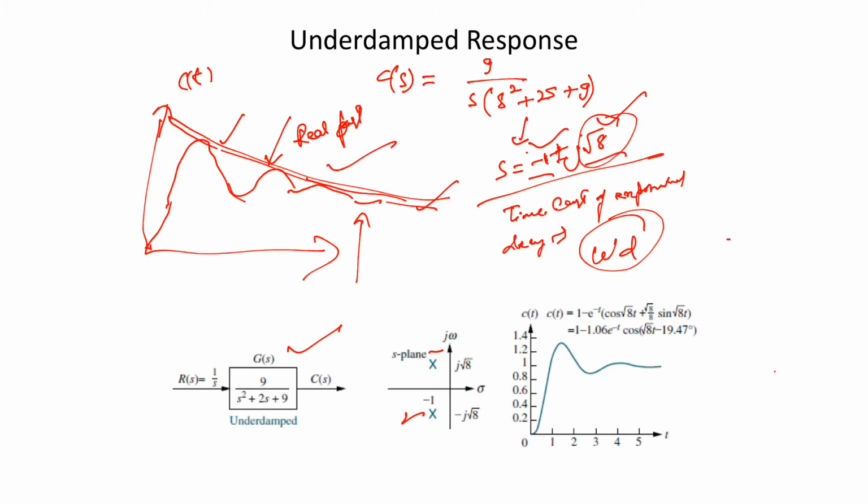Finally, the steady state response was generated by the input pole, which is located at the origin, and we call this type of response the underdamped response. That is one which approaches the steady state value via the transient response, that is damped oscillations. That is, oscillations are damping.